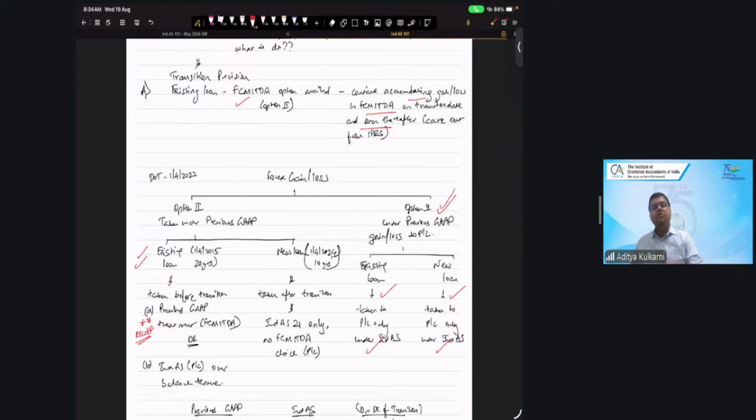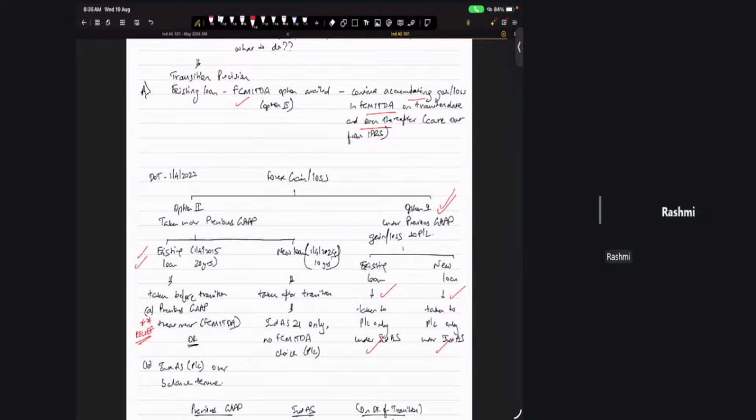I can continue that same option under the Ind AS regime also, in respect of the loan taken before transition. Did you understand? Yes, sir.